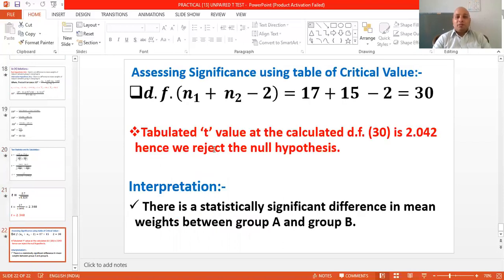Then assessing significance using the table of critical values, degrees of freedom n1 plus n2 minus 2 is equal to 30. Then the tabulated t value at 30 degrees of freedom is 2.042. Hence, we reject the null hypothesis. Then interpretation: there is a statistically significant difference in mean weight between group A and group B. Thank you very much.